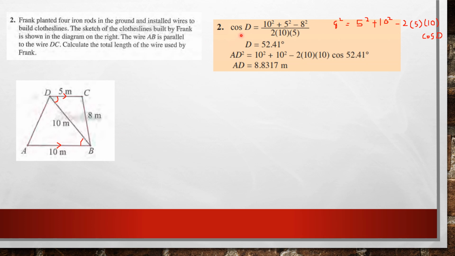You will get cos D equals 10 square plus 5 square minus 8 square over 2 times 10 times 5. So the angle D, you will get 52.41.